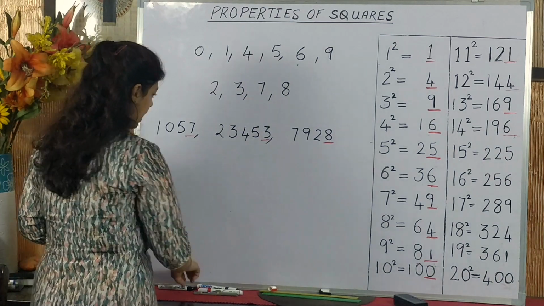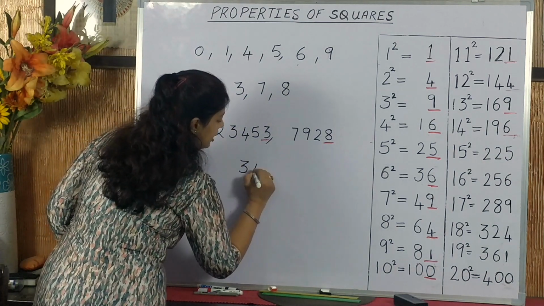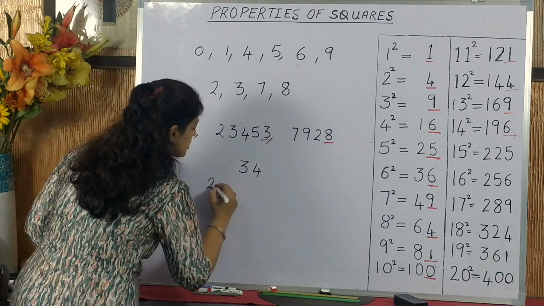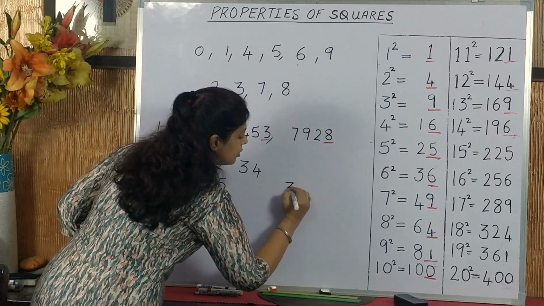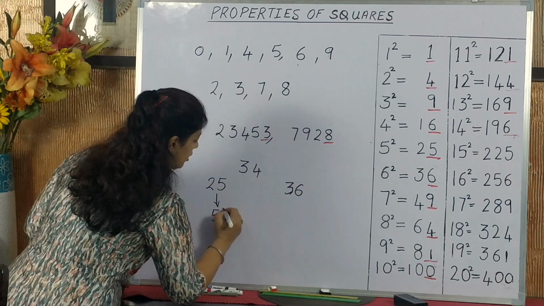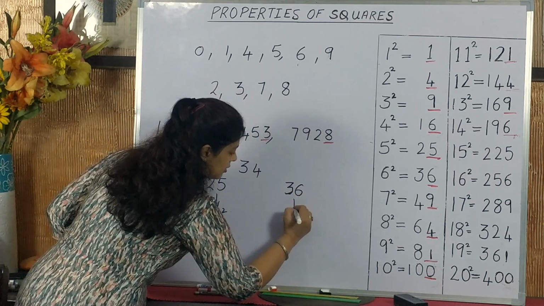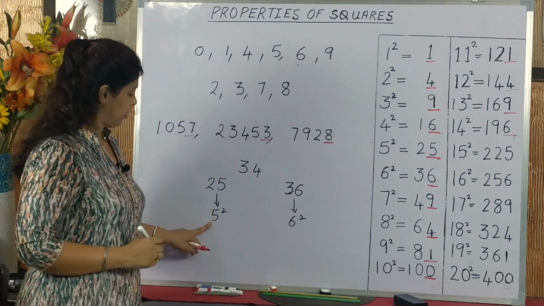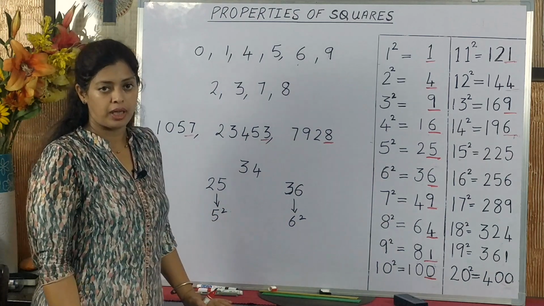For example, if I have the number 34, 34 lies between the two perfect square numbers 25 and 36. And we know that 25 is 5 square, 36 is 6 square. And wait a minute, 5 and 6 are consecutive natural numbers.